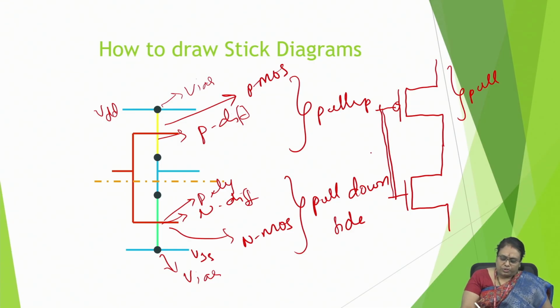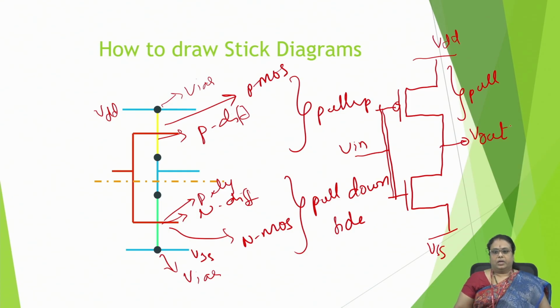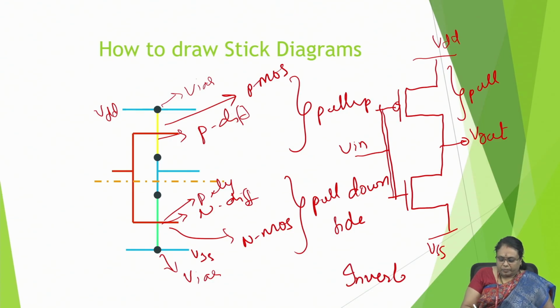We short these two and give the input here. This is the VDD line and this is the VSS line, and here we take Vout. This is the schematic diagram for the inverter. The same thing we are trying to represent in the stick diagram.